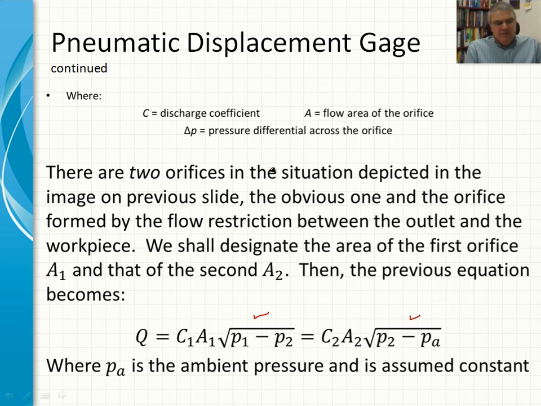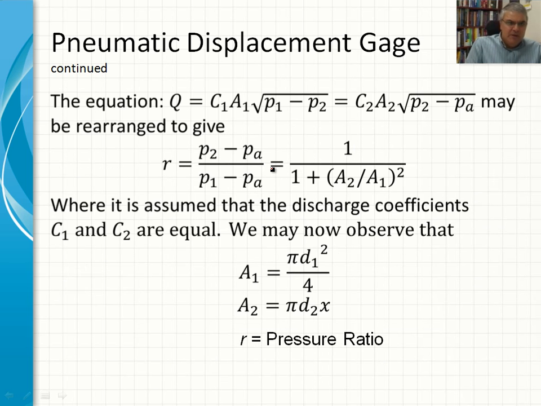Then in the previous equation, we simply replace the pressure differential by P1 minus P2. We're expanding the equation, and in these cases, P sub A is the ambient pressure, and it is assumed to be constant. So the equation Q equals C1 A1 square root of P1 minus P2 can be arranged as such.